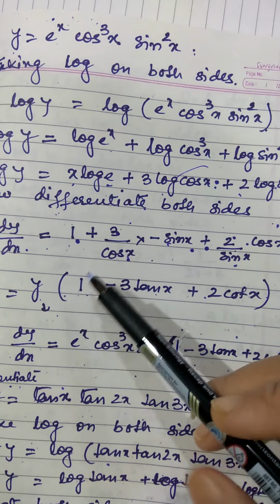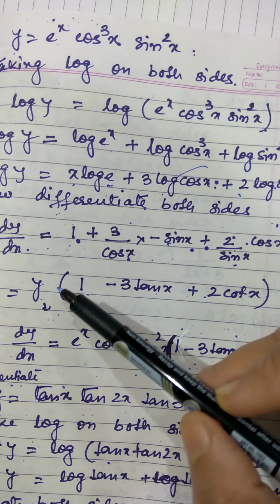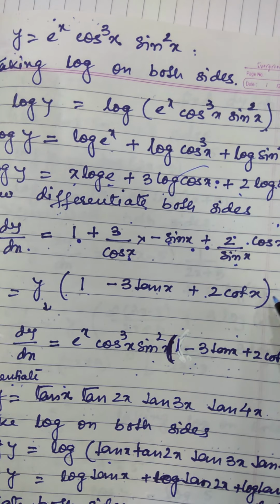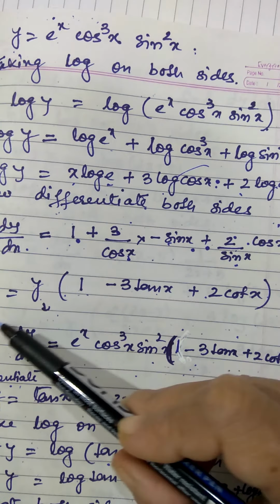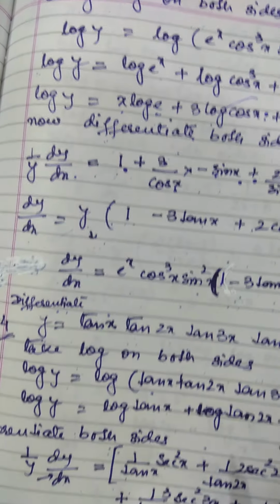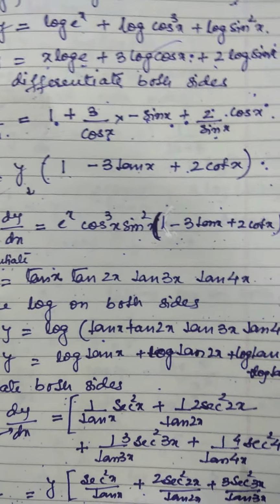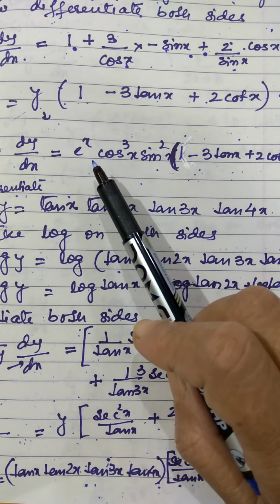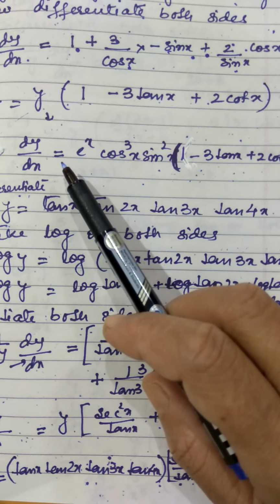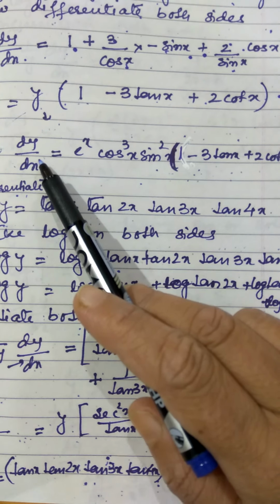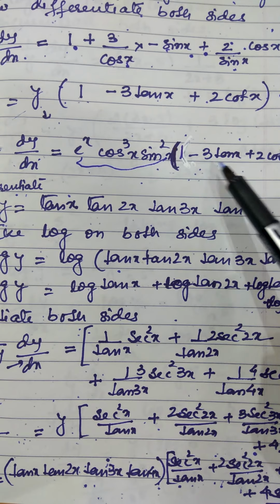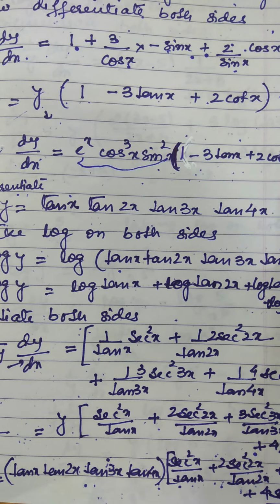So finally 1 upon y dy by dx equals 1 minus 3 tan x plus 2 cot x. Cross multiply y to this side. So now dy by dx equals e raised to the power x cos cube x sin square x, which is y, into (1 minus 3 tan x plus 2 cot x).